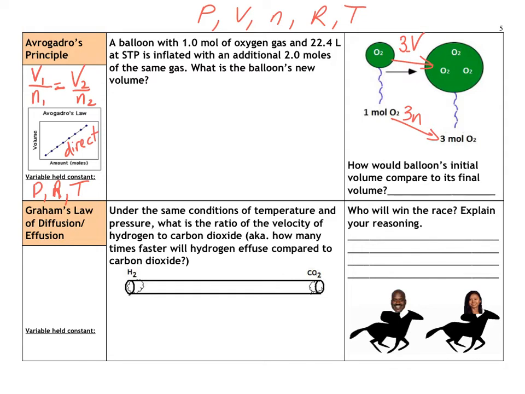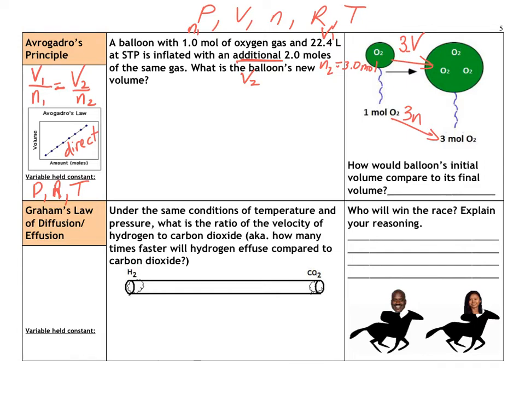So let's go ahead and do the math. Here we have N1, V1, and it's inflated with an additional, the word additional means 2 more moles than what 1 is, which now means N2 is 3 moles. And so we're asked to find V2.